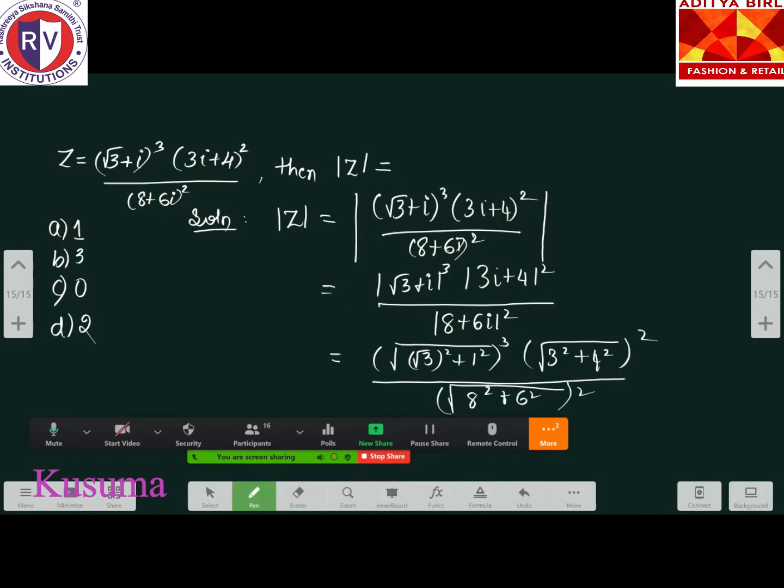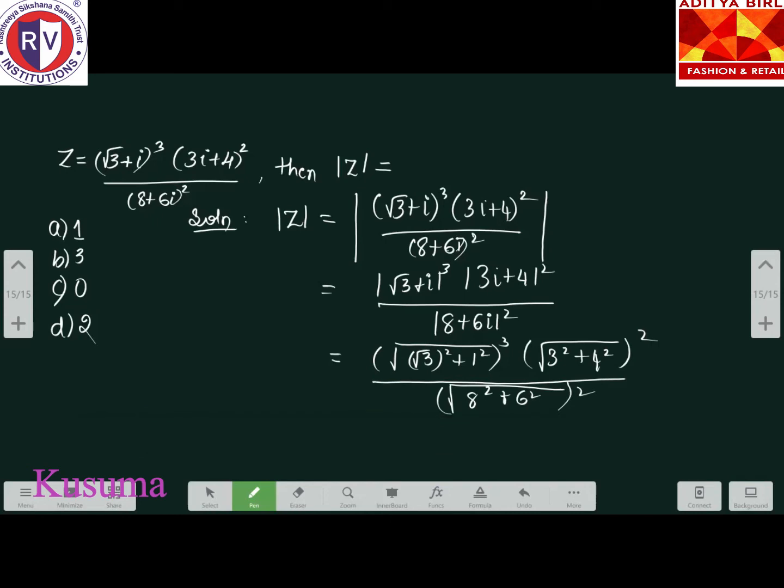divided by, this is root of 8 square plus 6 square whole square. Okay. So what about the first term then? This will be 3 plus 1 under root and raised to the power 3.